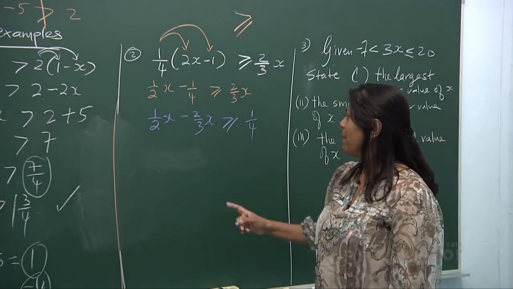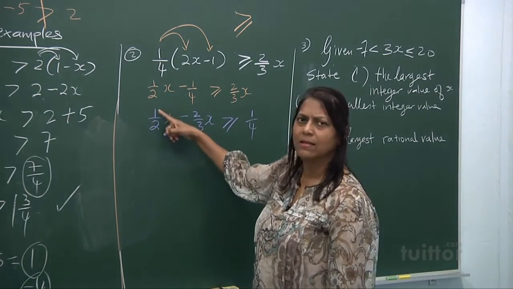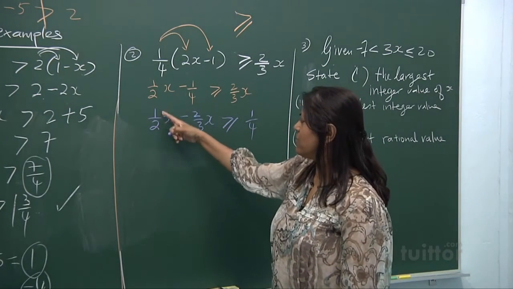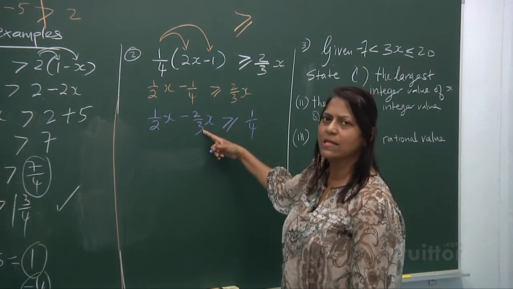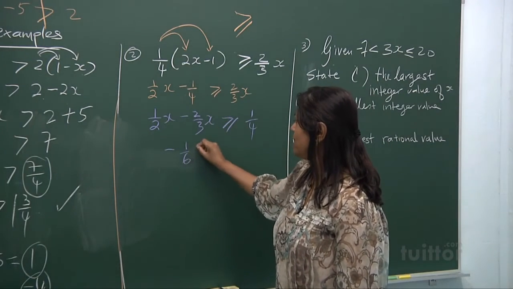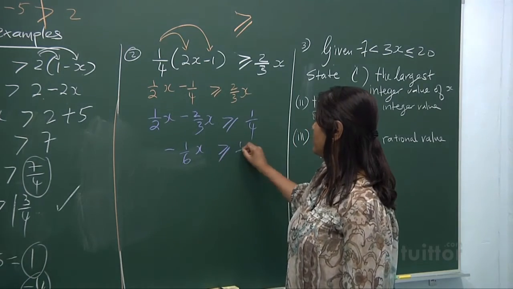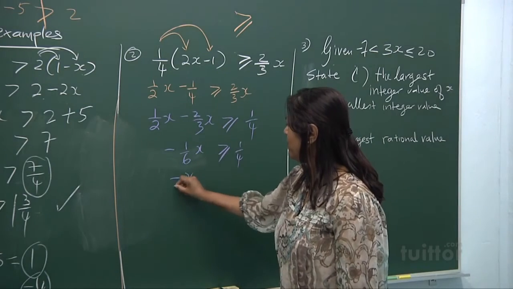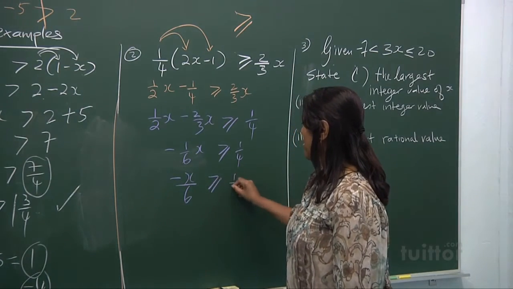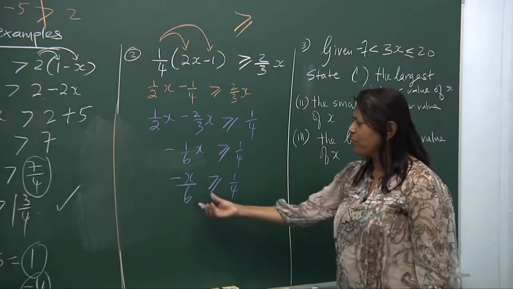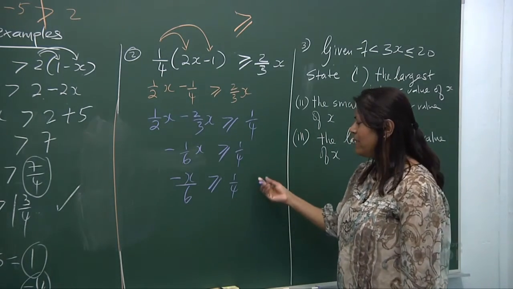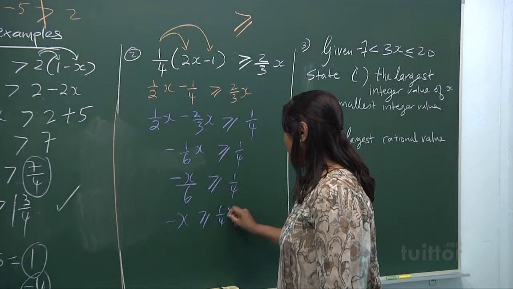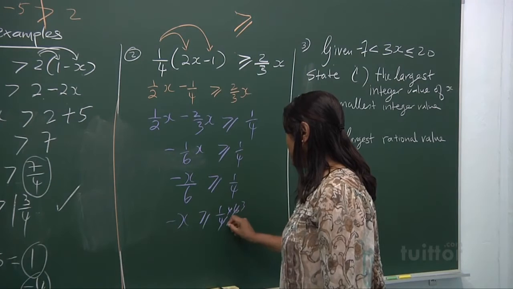So now this is 3/6 minus 4/6. You change it to sixes. 3/6x minus 4/6x gives a minus 1/6x is greater or equal to 1/4. I could write it this way. I just bring the 6 over, it becomes a times. So I get 1/4 times 6, cancel it, 3/2.